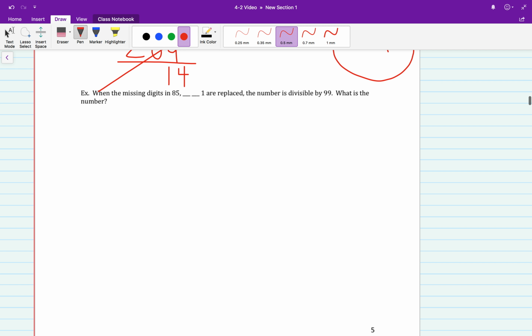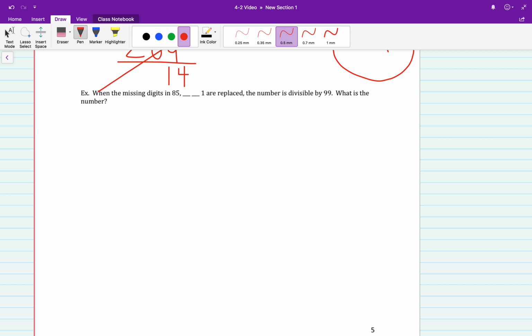All right, last example here for our divisors. So we've got a number here. It's 85,000 something. I don't know what goes in these spots. So maybe 85,431. And we want to pick the numbers that go in these two spots so that it's divisible by 99.